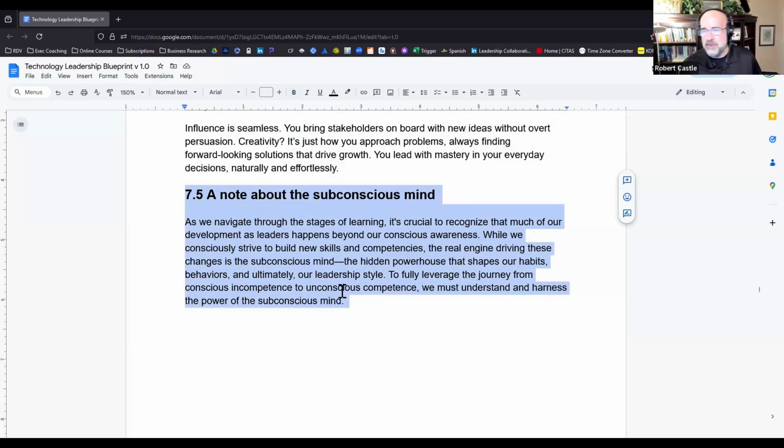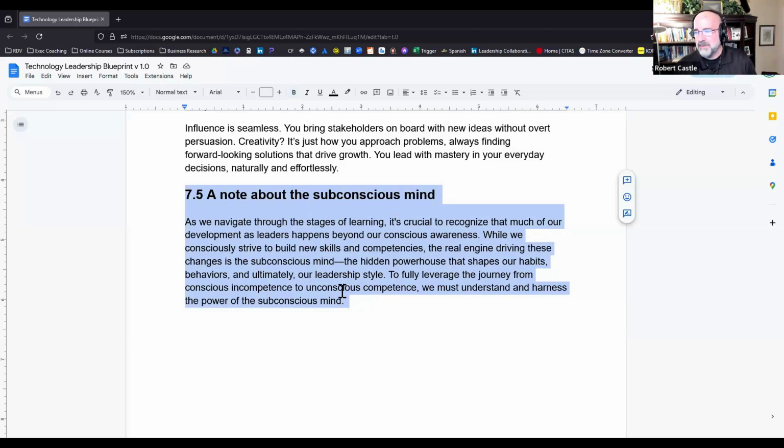As we navigate through the stages of learning, it's crucial to recognize that much of our development as leaders happens beyond our conscious awareness. While we consciously strive to build new skills and competencies, the real engine driving these changes is the subconscious mind, the hidden powerhouse that enables our habits and behaviors and ultimately our leadership style.